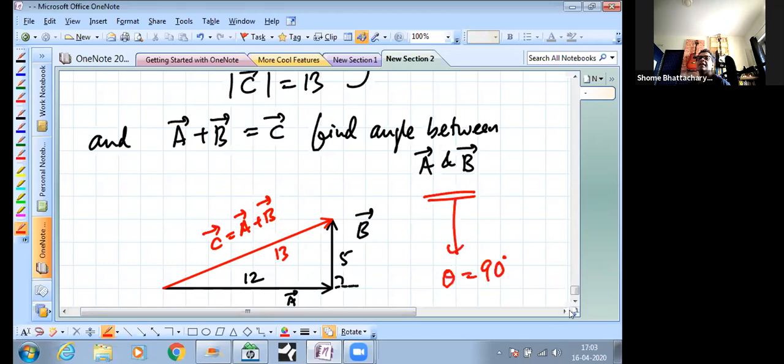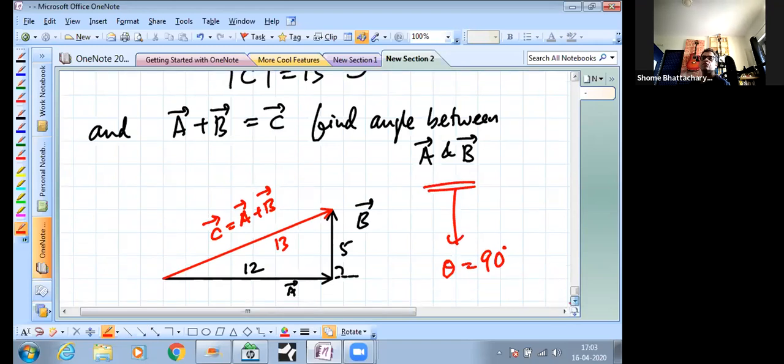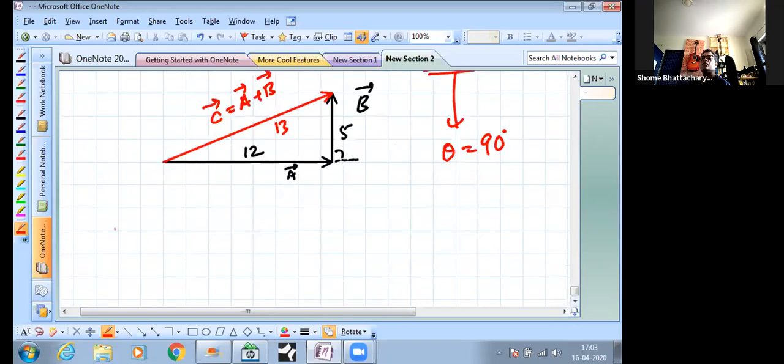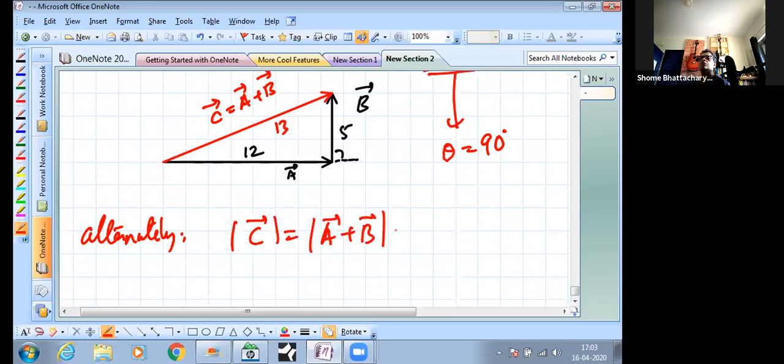Else we can always use the formula, since A plus B is equal to C. We can use the formula that magnitude of C is equal to magnitude of A plus B, so that is the root of A square plus B square plus 2AB cos theta.